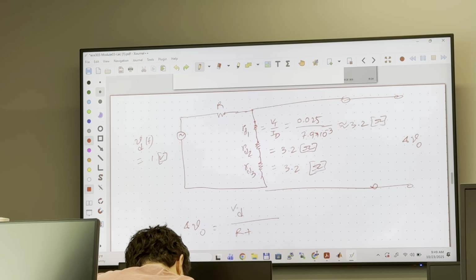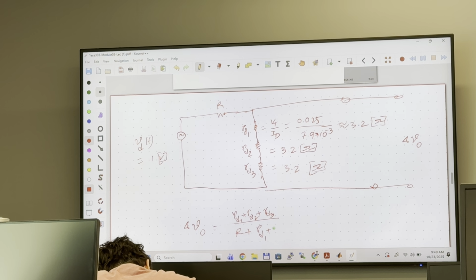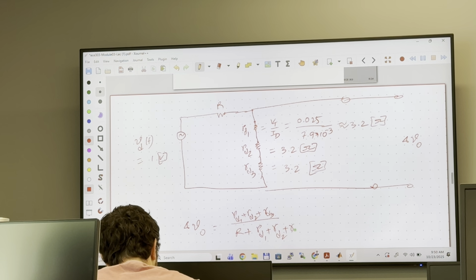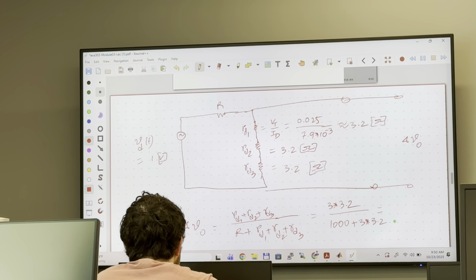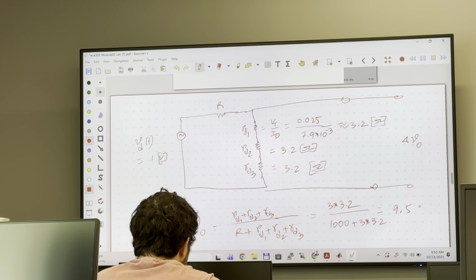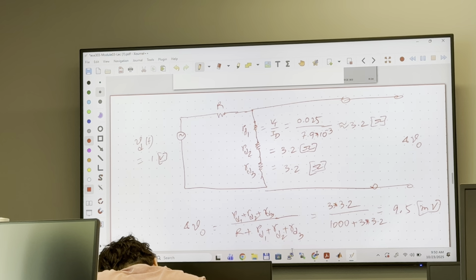It is going to be RD1 plus RD2 plus RD3. Basically the same thing. So here you have 3 times 3.2 over R, which is 1000, plus 3 times 3.2. How much is it, guys? Oh, it's like 9.5 millivolts. 9.5 millivolts. So look at that.